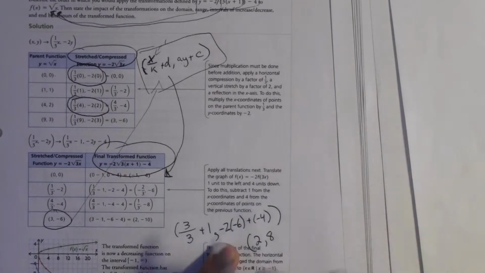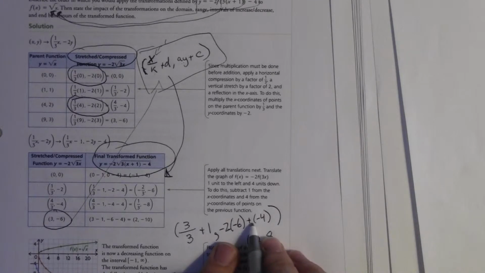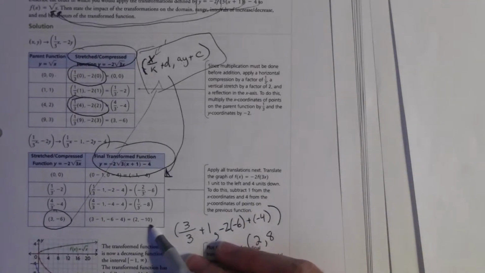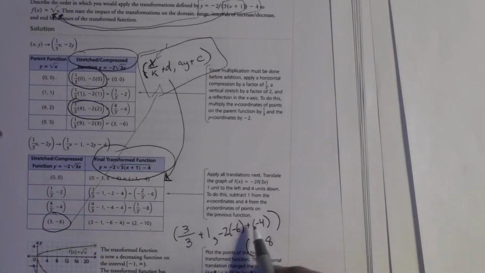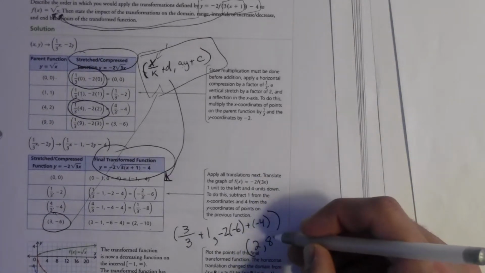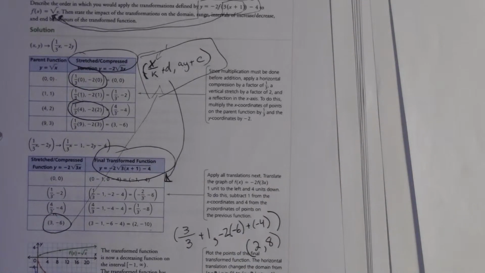Something's wrong. Positive. -2. Positive 12. I got 2, 8.